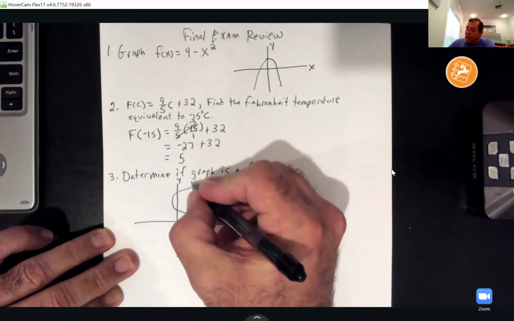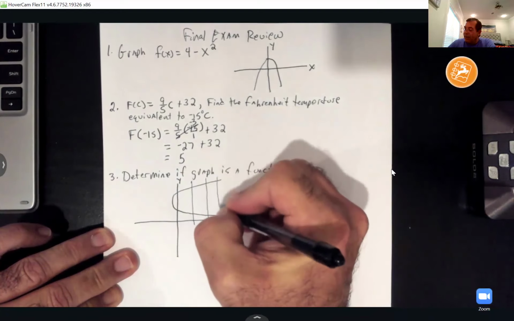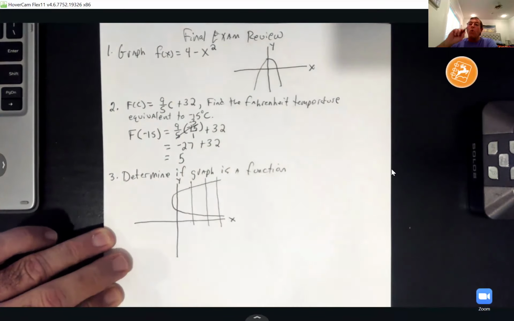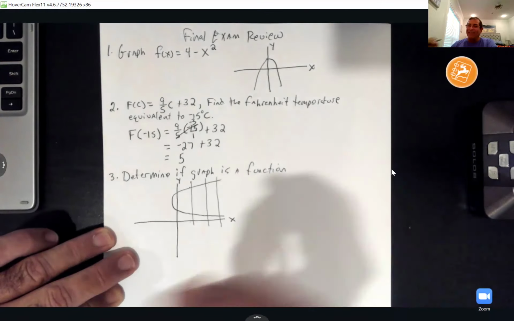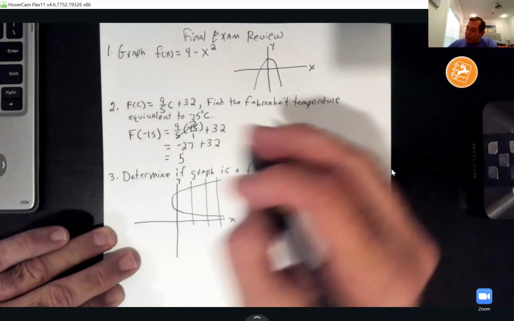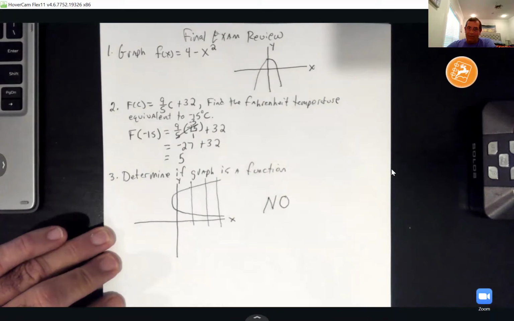So remember, you're shooting these vertical lines down through here. And notice these vertical lines are intersecting it more than once. So if it intersects it more than once, y'all better put a no on that.